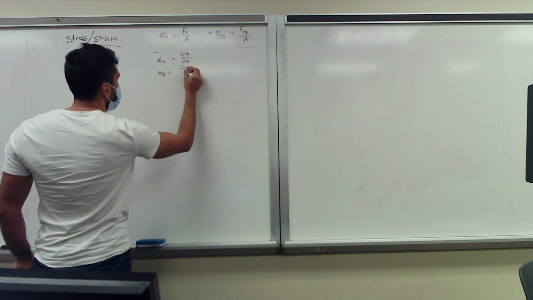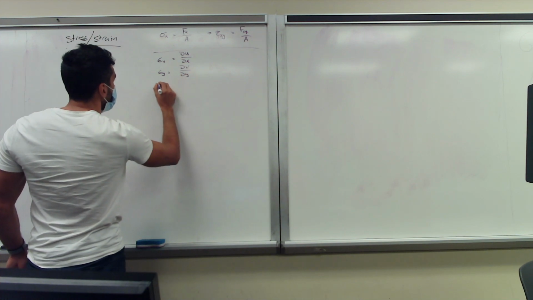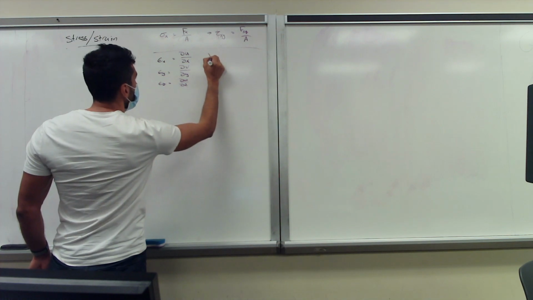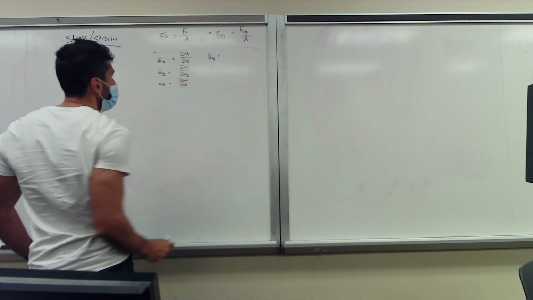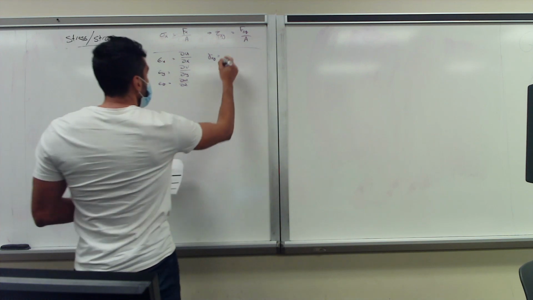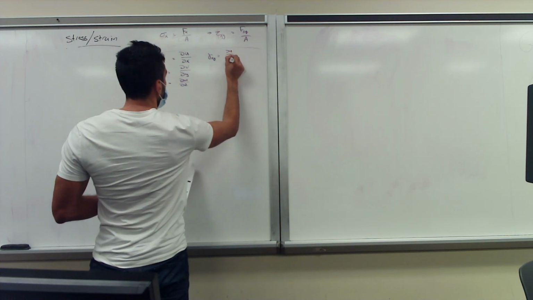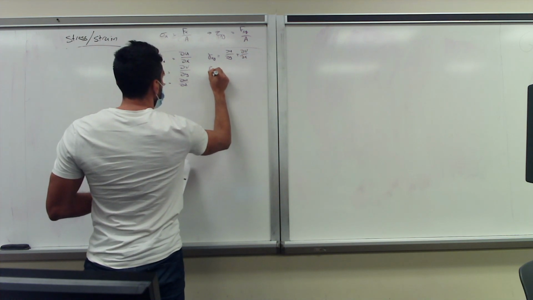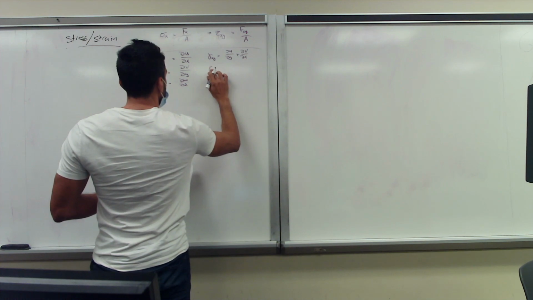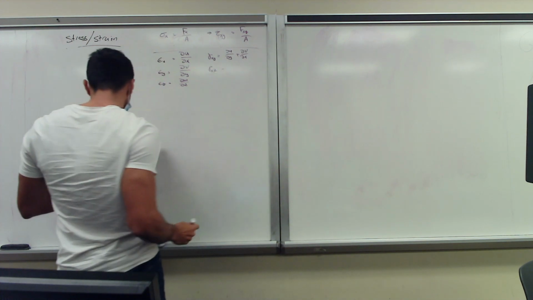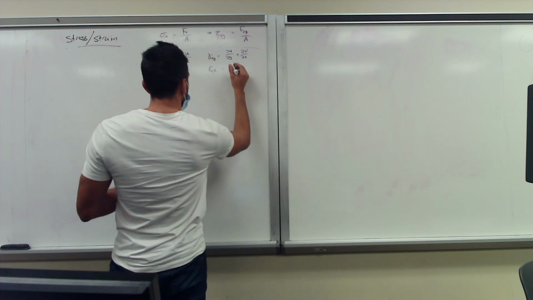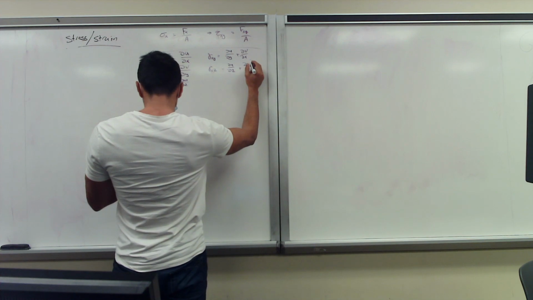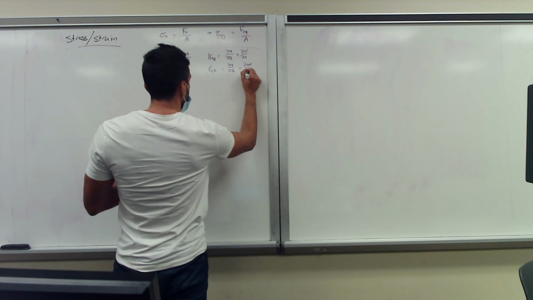I'm going to write these out because we're going to use this later as well. dv/dy, and then we have our shear strains, γxy. That's du/dy plus dv/dx, then xz, and that's du/dz plus dw/dx.